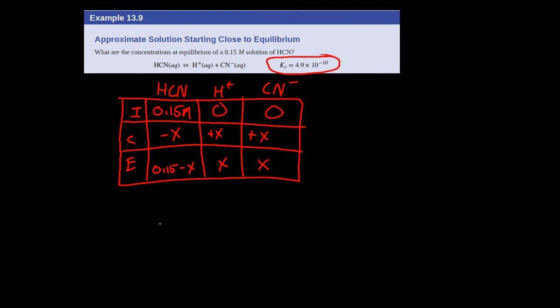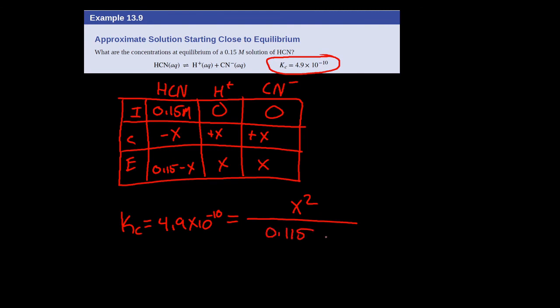So let's go ahead and plug in what we know. We know Kc is equal to 4.9 times 10 to the negative 10. That's given to us. And we know that that is equal to products over reactants, which in this case is X squared, because both H plus and CN minus are just X at equilibrium, over 0.15.